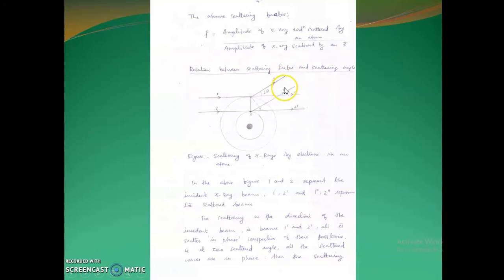So this partial interference would decrease the intensity of scattered radiation. As the 2 theta value or the angle of scattering increases, the partial destructive interference would increase. So the intensity of scattered radiation decreases.